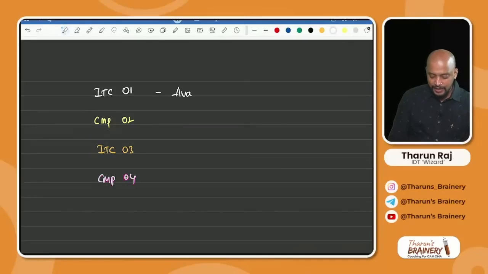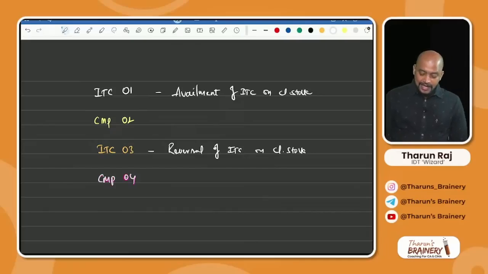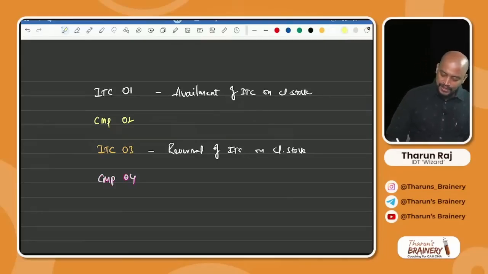Availment of ITC on closing stock. Then ITC 3 is for what? Reversal of ITC on closing stock. CMP 2 is for what? Entry or exit? Entry into the composition scheme. CMP 4 is for what?